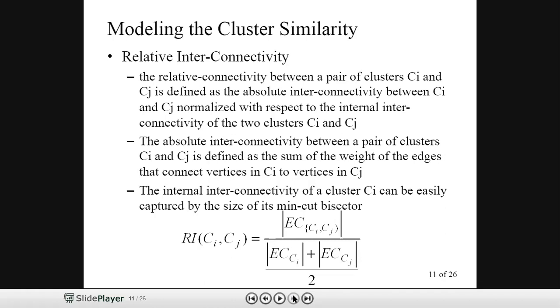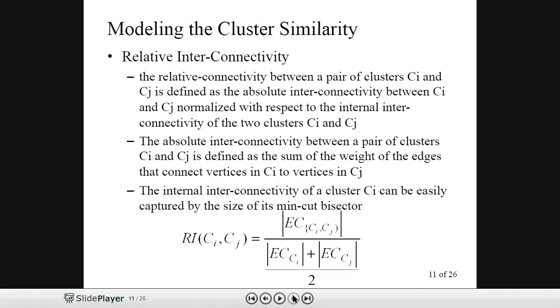The relative interconnectivity between a pair of clusters Ci and Cj is defined as the absolute interconnectivity between Ci and Cj normalized with respect to the internal interconnectivity of the two clusters. Here RI(Ci, Cj) is equal to the absolute connectivity between Ci and Cj upon the absolute connectivity of Ci plus the absolute connectivity of Cj, divided by 2.